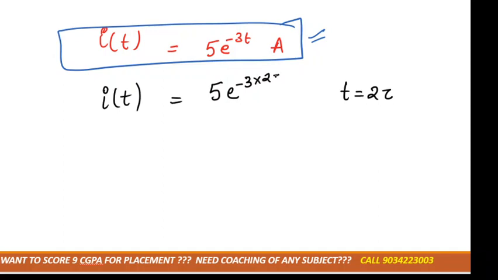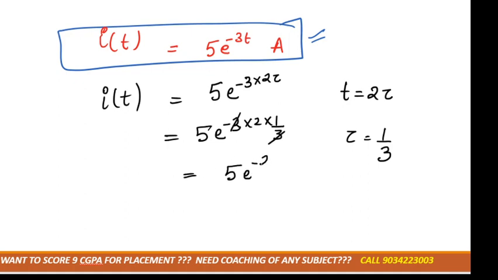Tau value we already know, that is 1 by 3. So putting in the value of tau, 2 into 1 by 3, the 3 cancels, giving 5 into e raised to power minus 2. You can solve it in the calculator. After solving it, you will get 0.68 ampere. Got it?